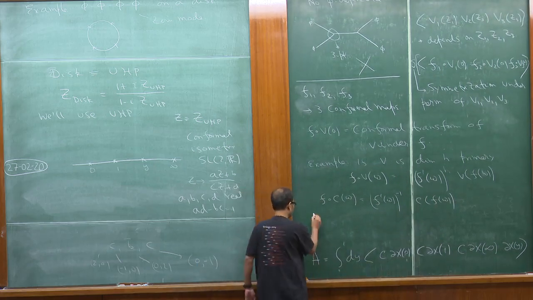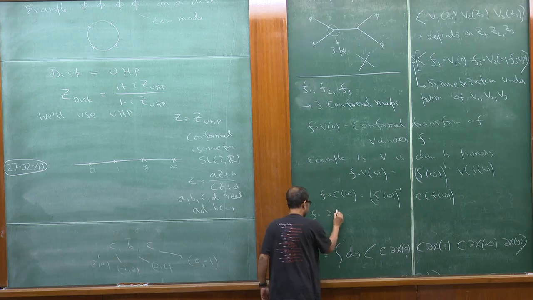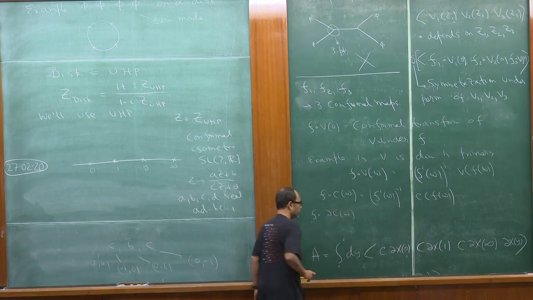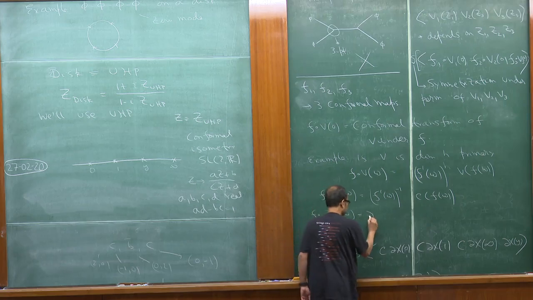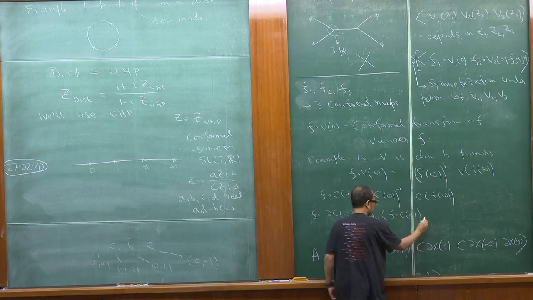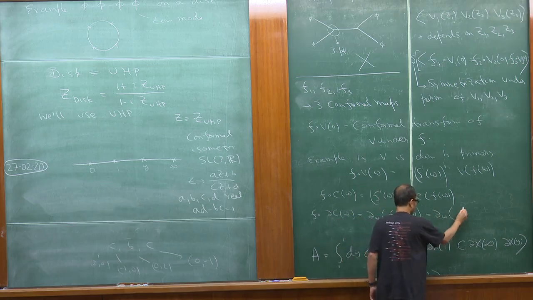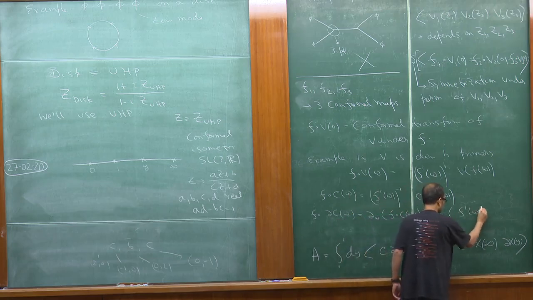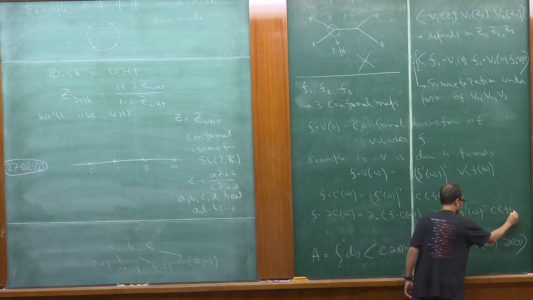Let us do one more example, f dot del c of w. This is del w of f dot c of w, which is del w of f prime of w inverse times c of f of w.